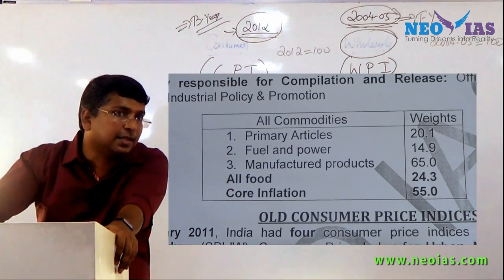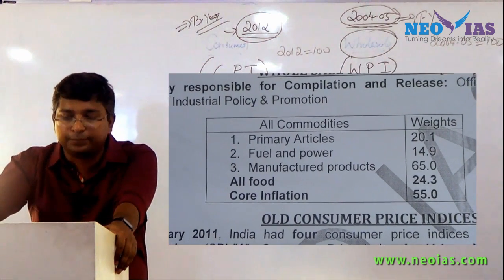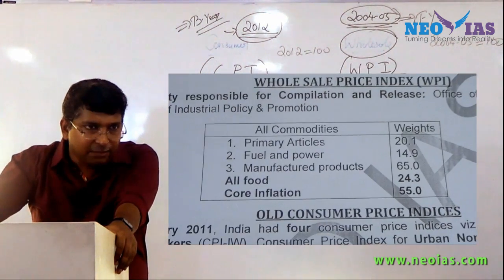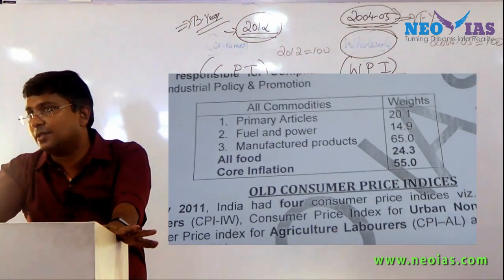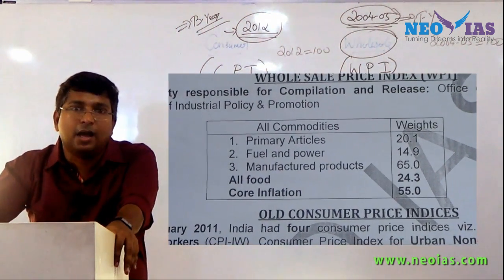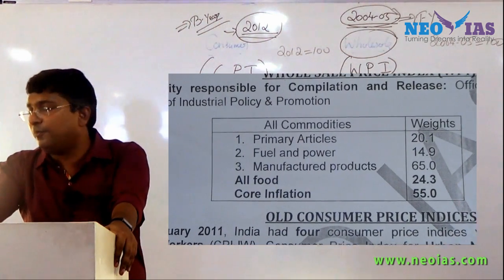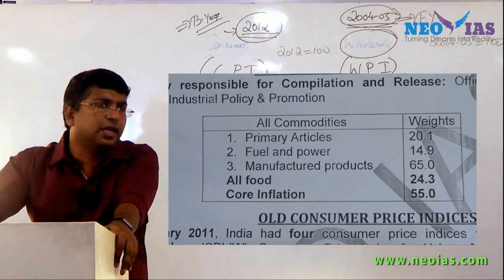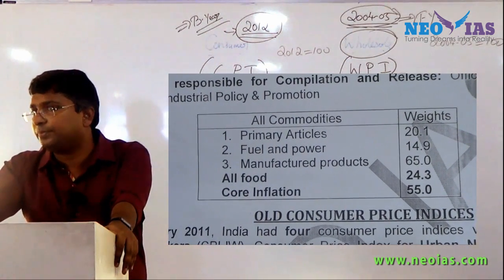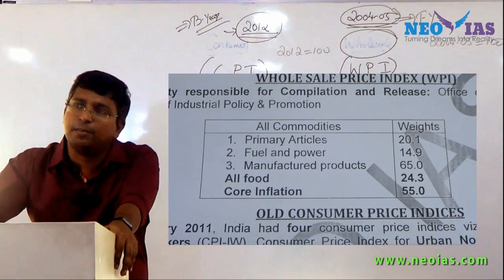Now if you notice one thing, after that I have given all food. See, food items are there at 2 levels. Under fuel and power there are no food items, but under primary articles there are food articles. Under manufactured products there are food products, like packed biscuits will come under manufactured products, and rice and wheat items will come under primary articles.